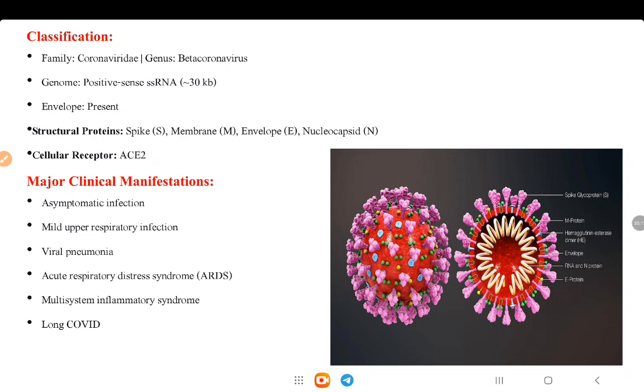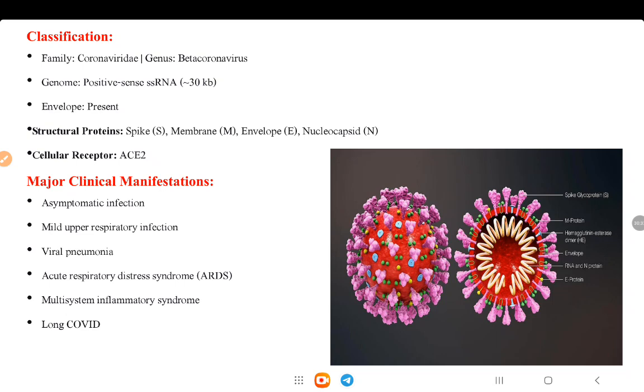It has a positive-sense single-stranded RNA genome of approximately 30 kilobases and is an enveloped virus. It has different structural proteins, including the spike, membrane, envelope, and nucleocapsid.